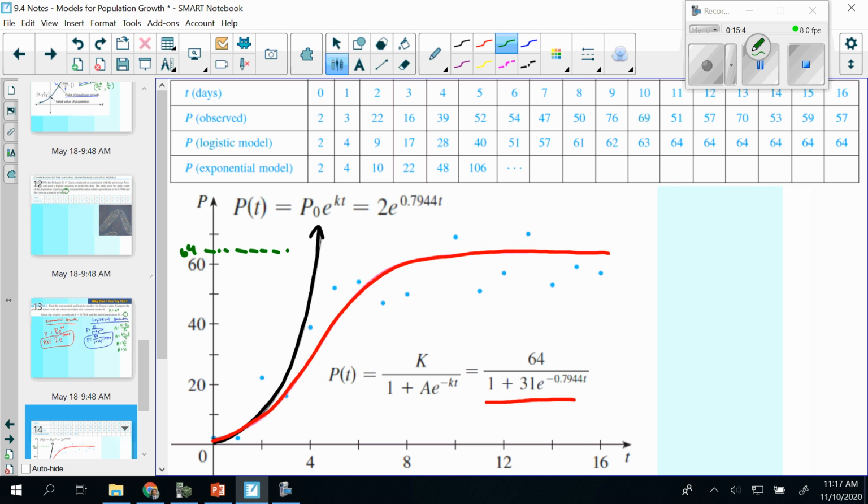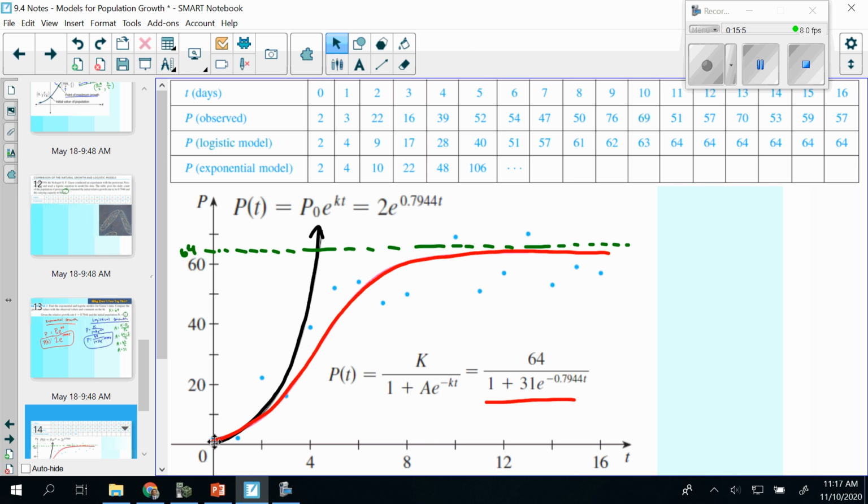So you can see approaching that carrying capacity. Which one fits better? Well, you can see from the blue points here, the data points, which were the observed ones up here. That's all these blue data points. Initially, maybe the exponential one looks okay. Probably through about day 4 here.